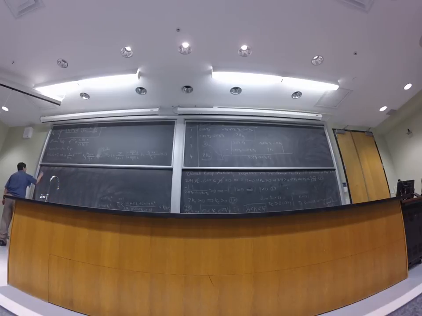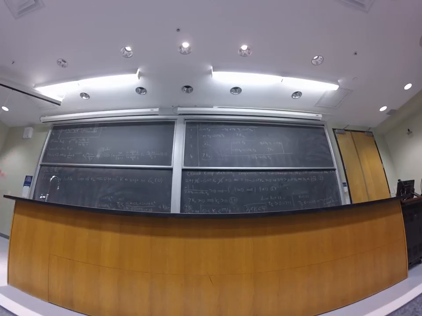So the sign of Kc, if open loop stable, must always equal the sign of K, which is the sign of GU of 0.